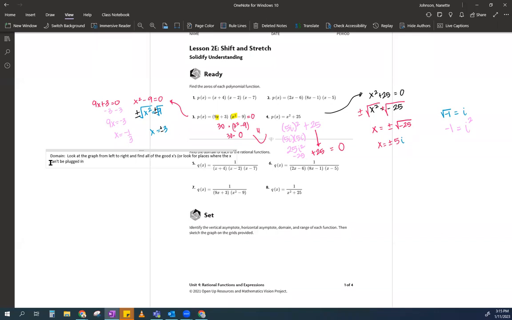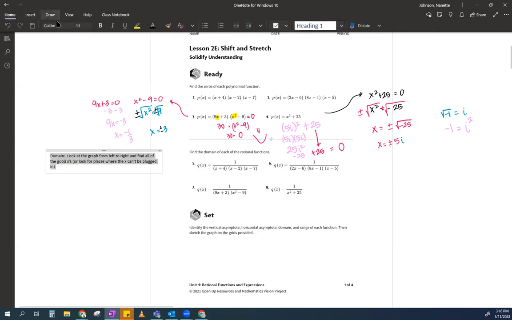Hint, hint, right? We talked about that earlier today. Let's highlight that so you all see it. So look from left to right and look for all of the good x's, or look for places where x can't be plugged in, right?